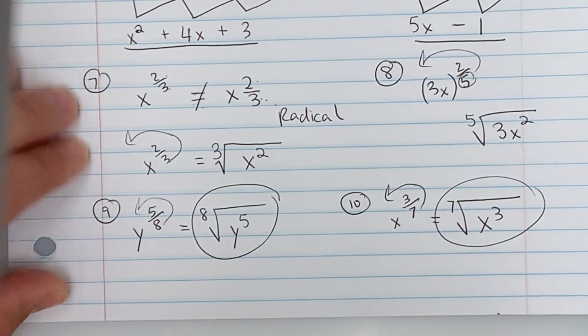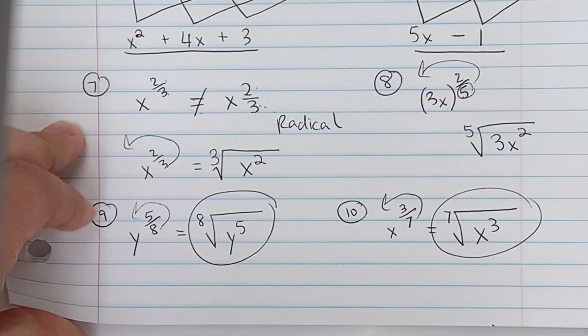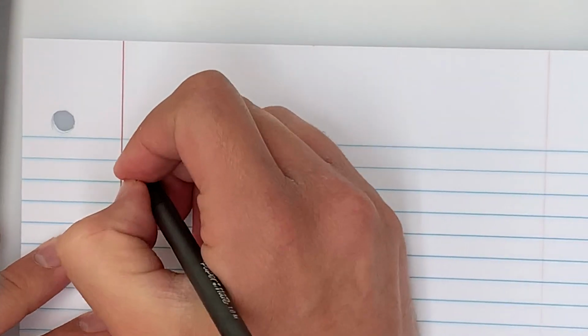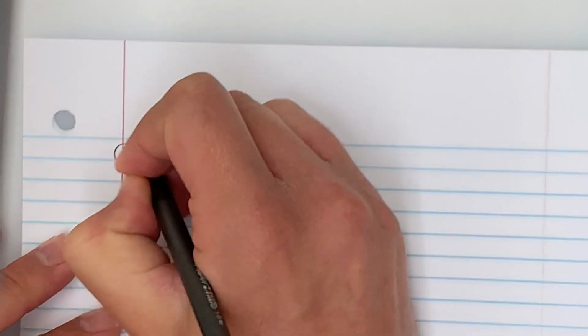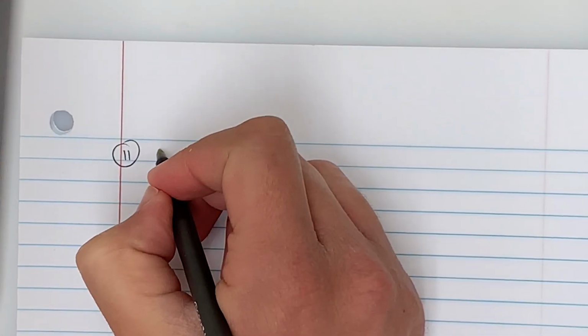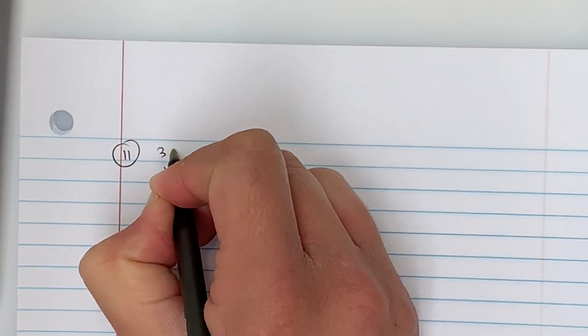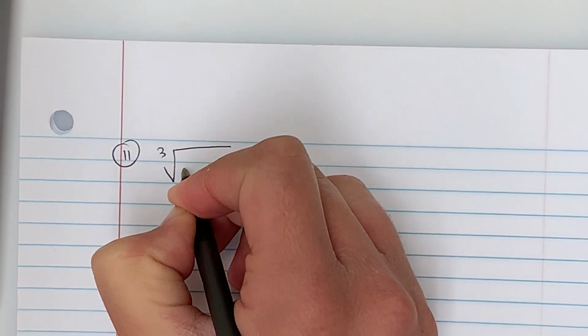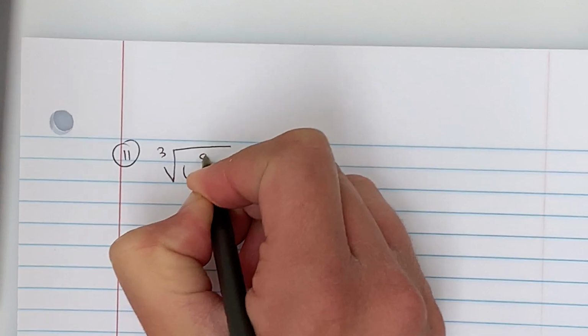All right, now let's look at going in the reverse direction. So this will be number 11. All right, so if I had, we'll do the cube root of 6 to the 8.